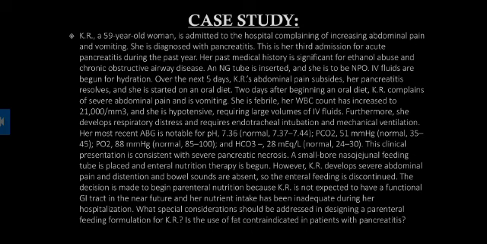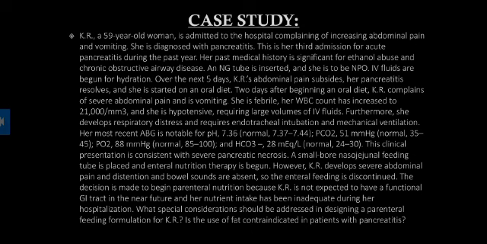Her most recent ABG is notable for pH 7.36, PCO2 51 mmHg, HCO3 28 milliequivalents per liter, PO2 88 mmHg. This clinical presentation is consistent with severe pancreatic necrosis. A small bore nasojejunal feeding tube is placed and enteral nutrition therapy is begun.